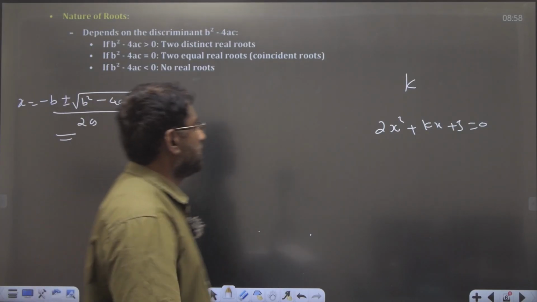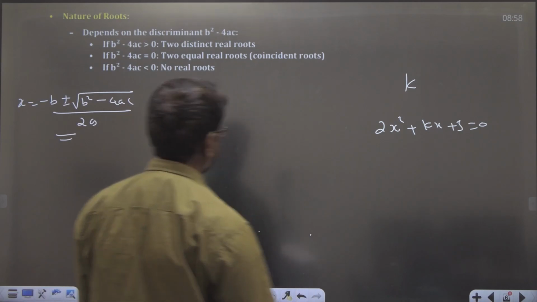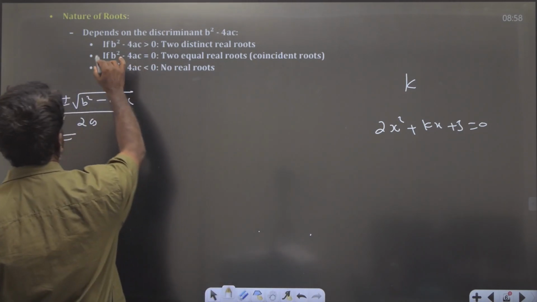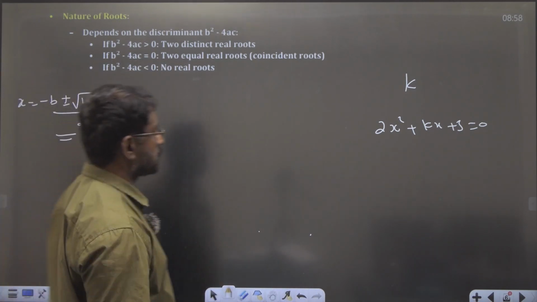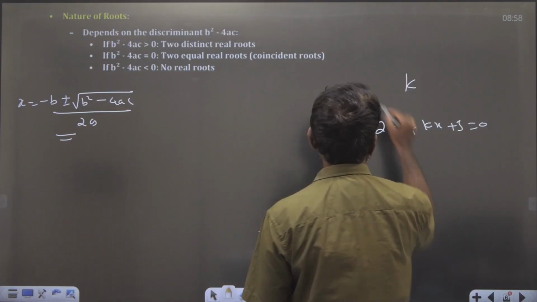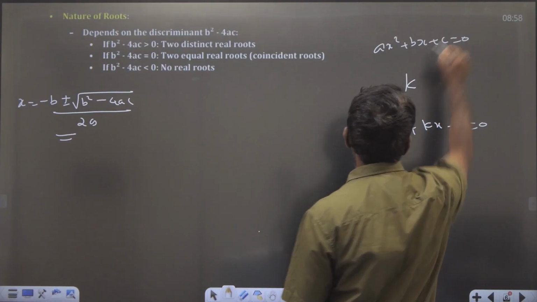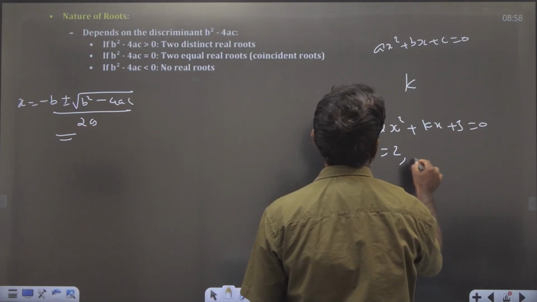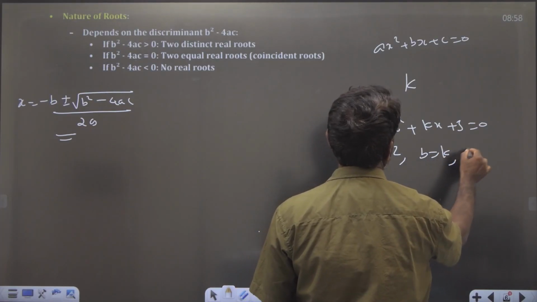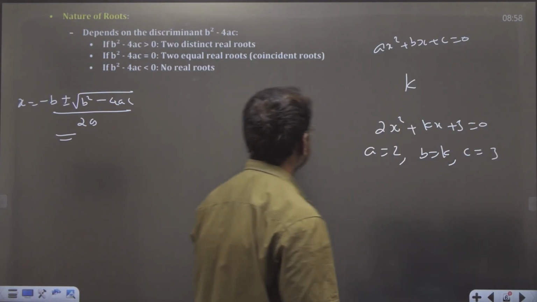Equal roots means what is the condition? b square minus 4ac is equal to 0. So you compare this equation with ax square plus bx plus c equal to 0. What is a? 2. What is b? That is k. What is c? That is 3.